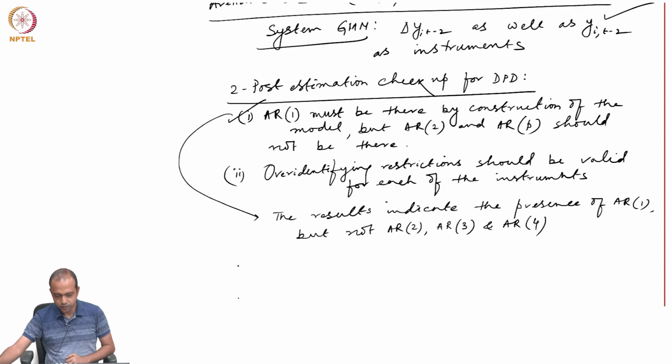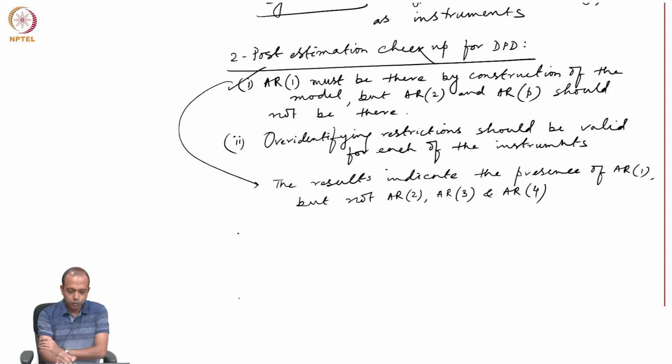That is the result. Now, we should check for the second post estimation checkup, which is whether over identifying restrictions are valid for each of these instruments.